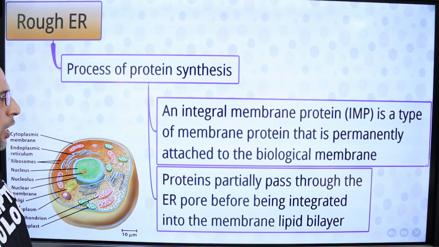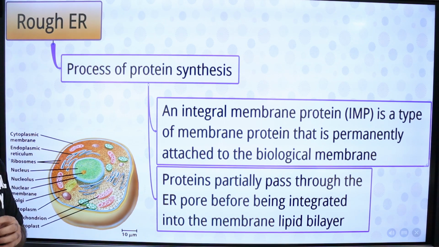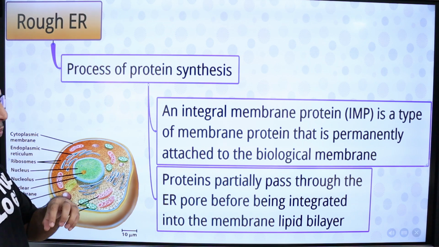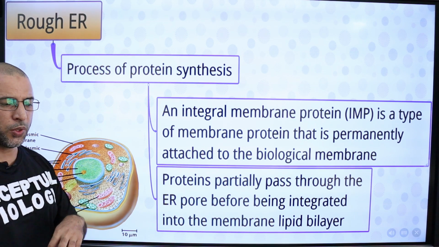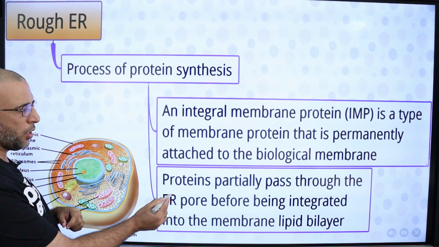An integral membrane protein is a type of membrane protein that is permanently attached to the biological membrane, and these proteins partially pass through the ER pore before being integrated into the membrane lipid bilayer.